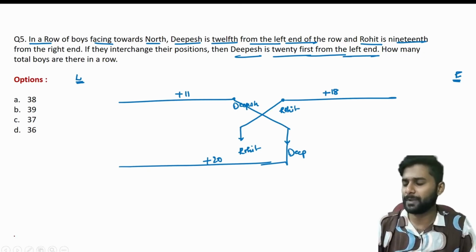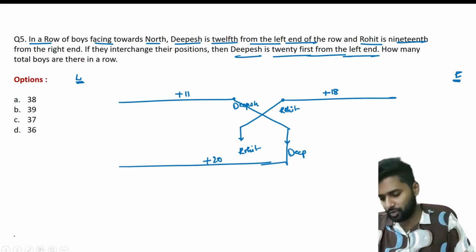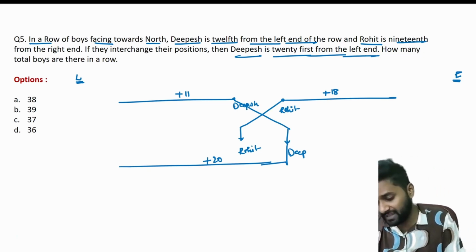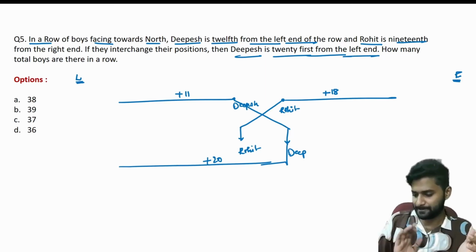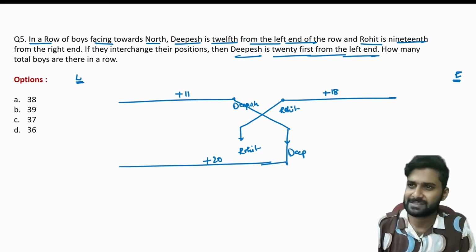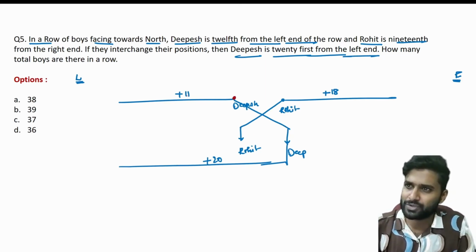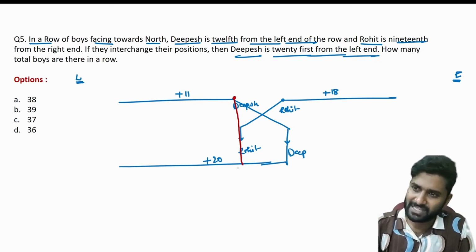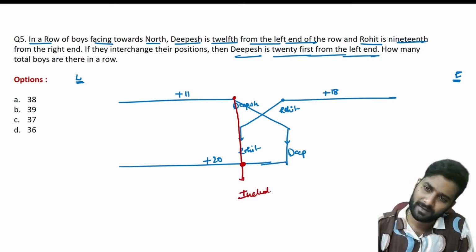Now the question: how many people are there? Guys, if you want to know how many people are in a row, you should identify how many people are between both persons. In these 11 positions, Deepesh is excluded. But remember, in these 20 positions, this particular position is always included. So including that person, 20 minus 11 is exactly equal to 9.